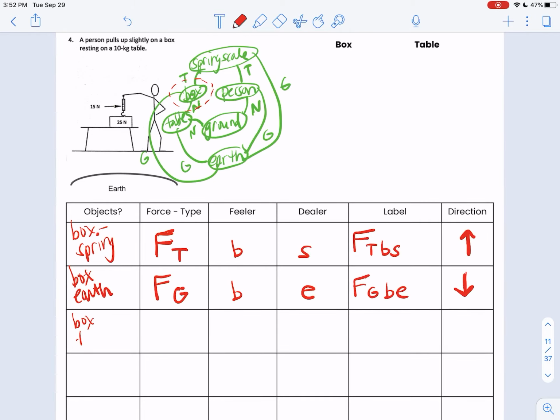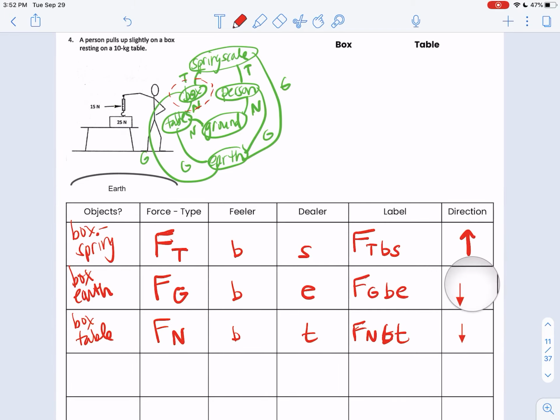The box is also interacting with the table, and that's a normal force on the box from the table. How is the box feeling that? If the little springs in the table were being crunched down by the box, those little springs would be pushing upward back on the box. So that's going to be up.